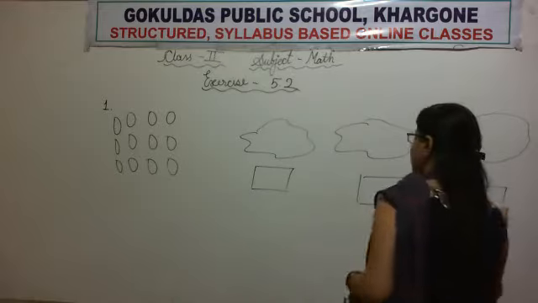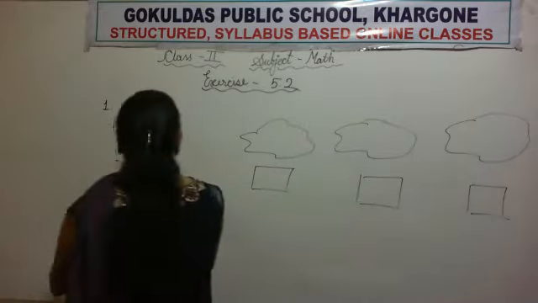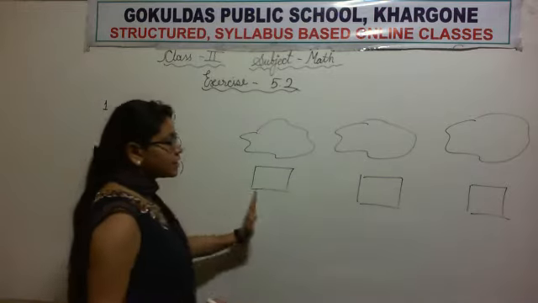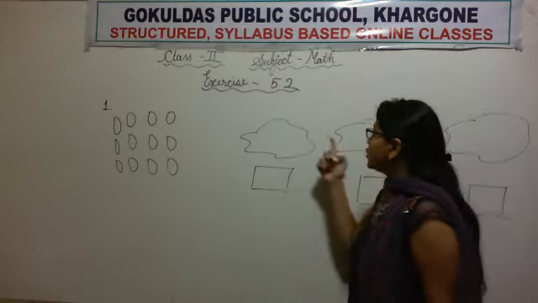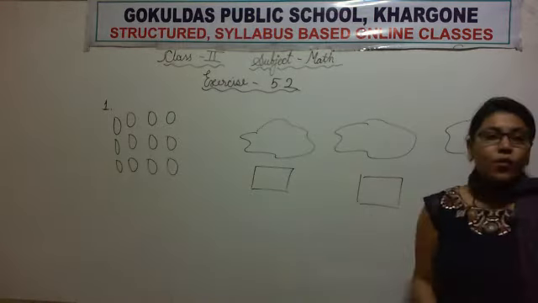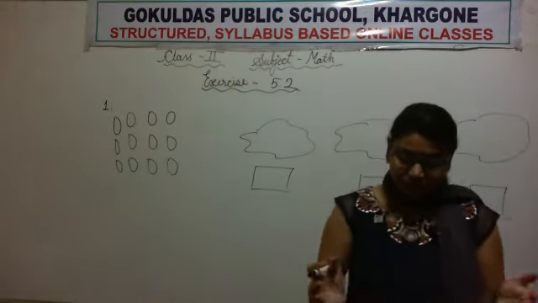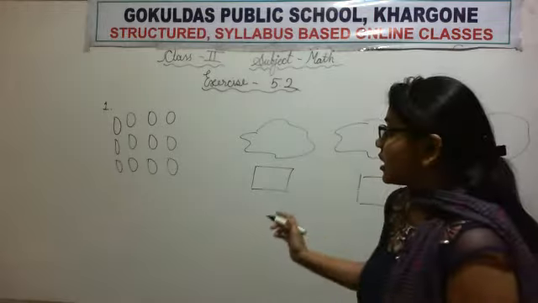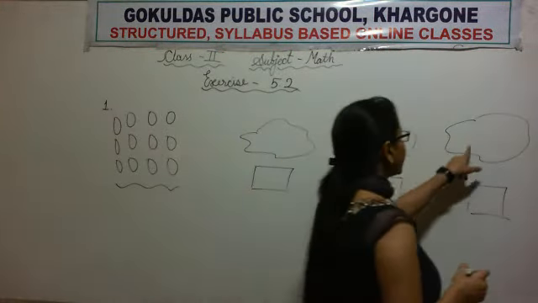Now the question is asking us to put these eggs in these nests in such a manner that each nest will have an equal number of eggs. So it means we need to distribute these eggs into 1, 2 and 3 nests.